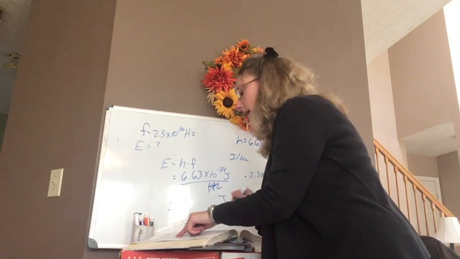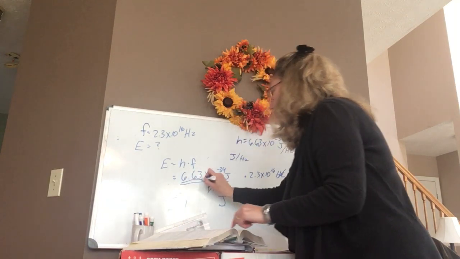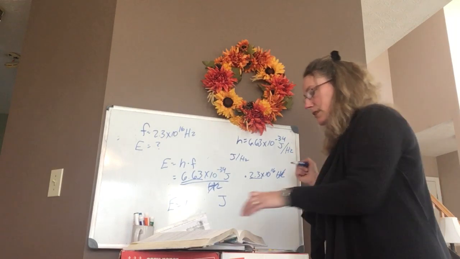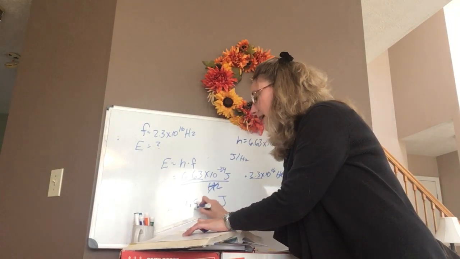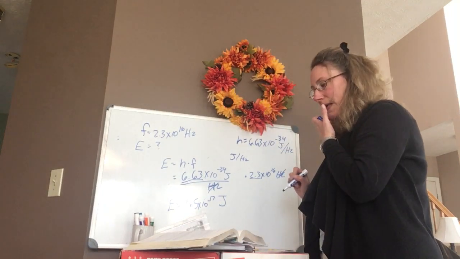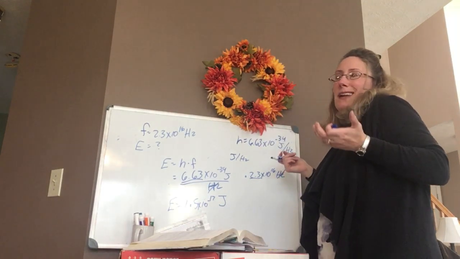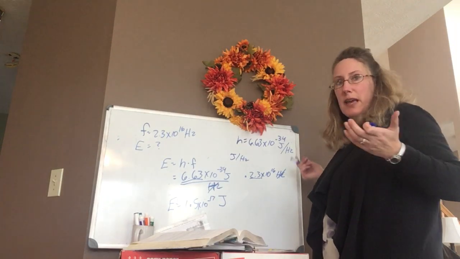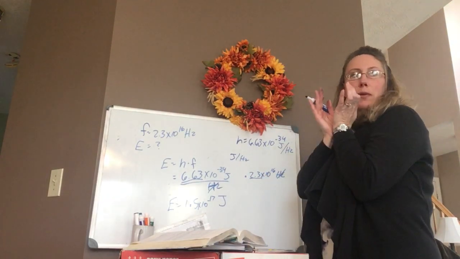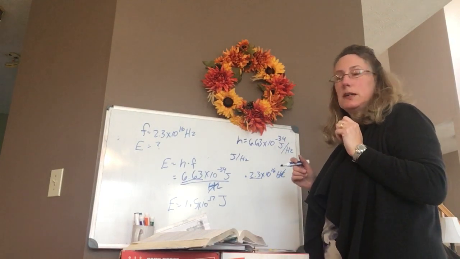This has 3 significant digits, this has 2 significant digits, so I can only have 2 significant digits: 1.5 times 10 to the negative 17 joules. Does that mean anything to you? It's energy. It's got a negative 17 there, so it's just a little bit of energy.